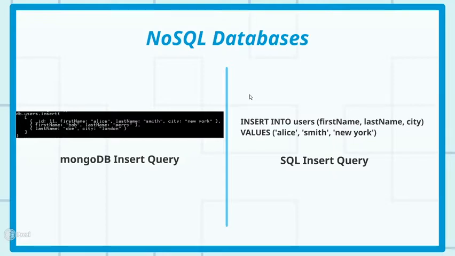But NoSQL got popularity and no one bothered to change it since it was a movement against relational databases rather than a singular product. As the name suggests, we don't use SQL to query our database, we use different custom languages for each of these NoSQL databases to interact with. Sort of like this.